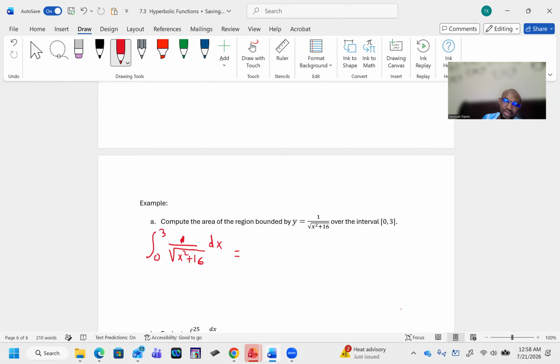So which would be the inverse hyperbolic sine of x, and my a in this case is 4, right? So x divided by 4, from 0 to 3.